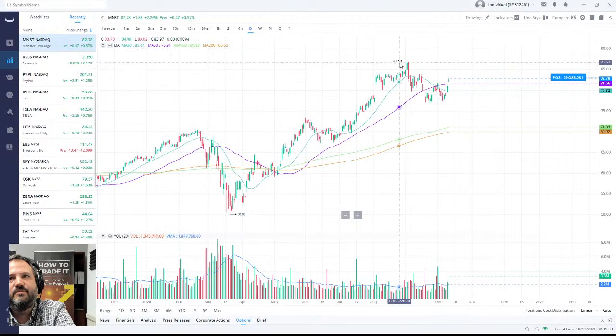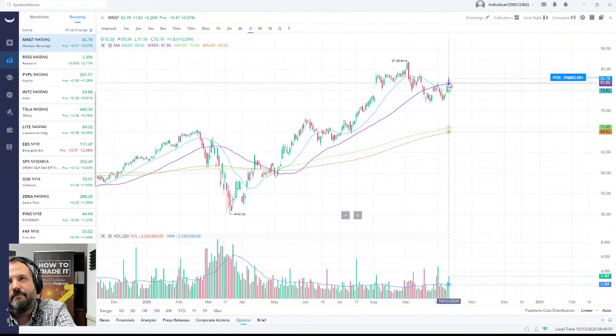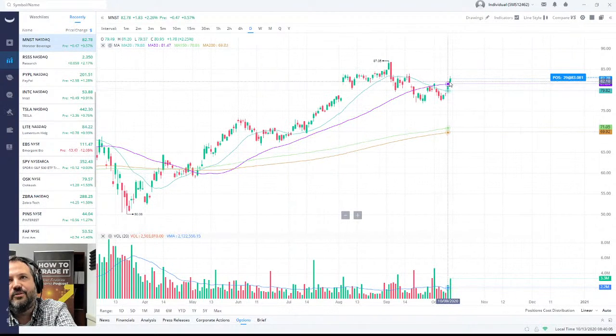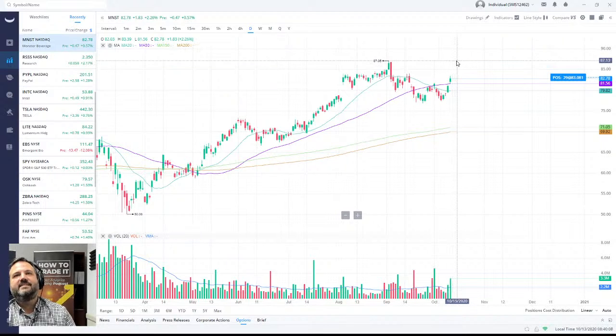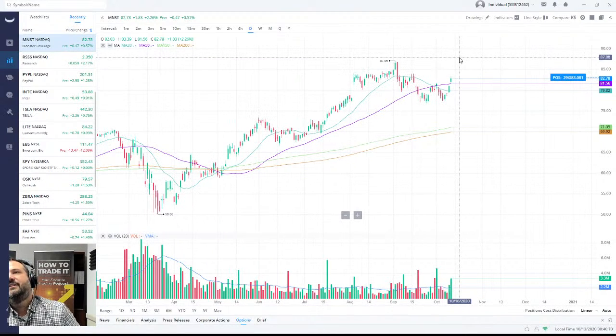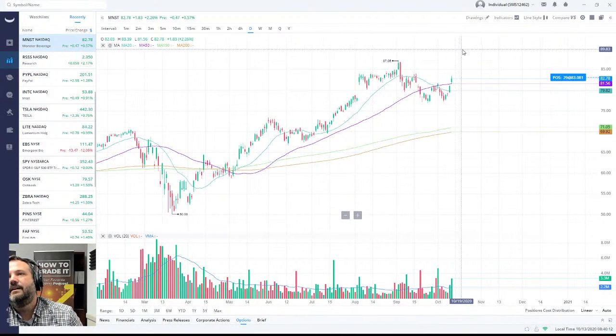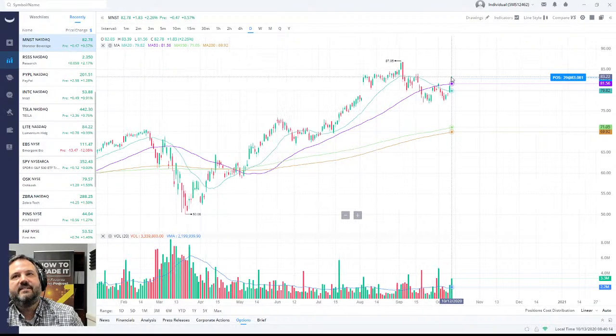Okay, so here's the move. Nice strong uptrend. Price has moved up. Broke this level yesterday. And now I'm looking for it to get at least up to 87, maybe beyond. Maybe 90. Could be a nice trade.